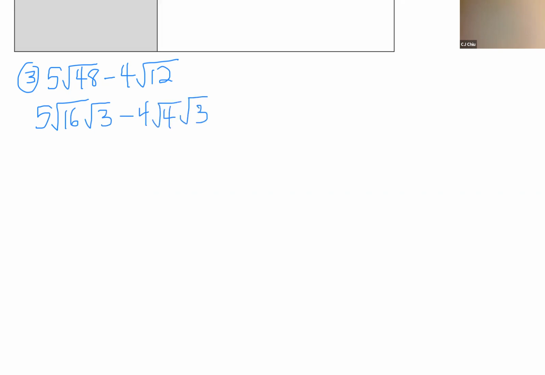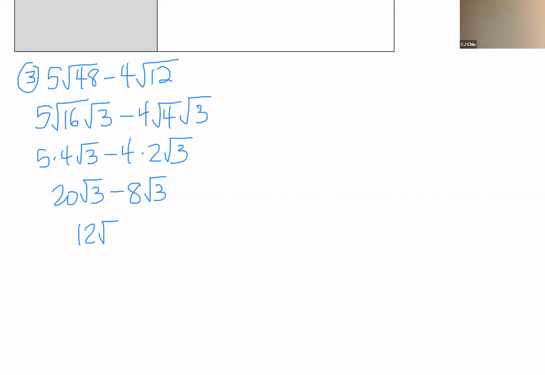So then we get 5 times 4 square root of 3, 4 times 2 square root of 3, 20 square root of 3 minus 8 square root of 3. So then we're good because we have both square root of 3. So we subtract and get 12 square root of 3.